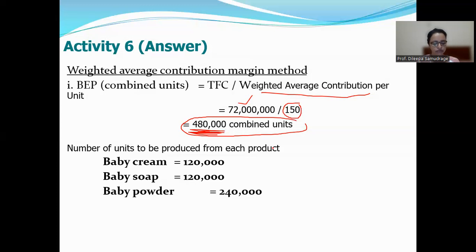Any doubts? Shall we move to the next one? So do you have any doubts about this calculation? Clear?